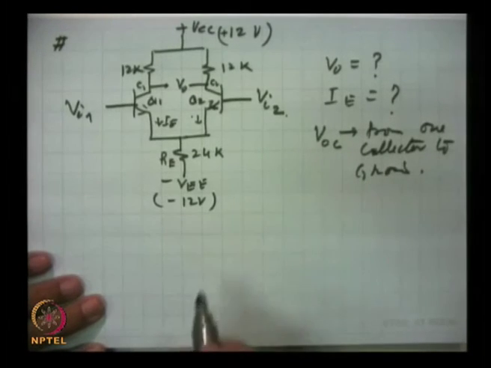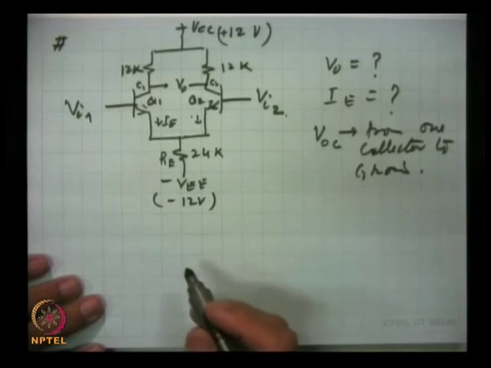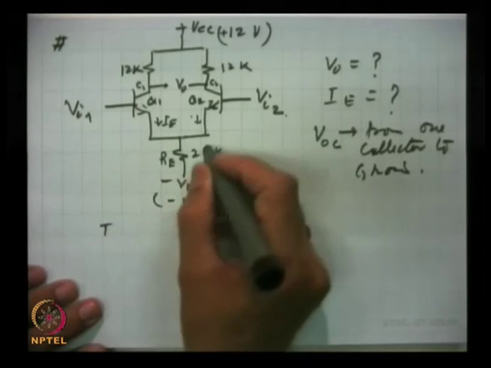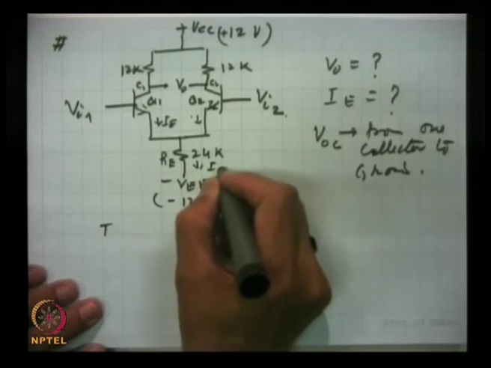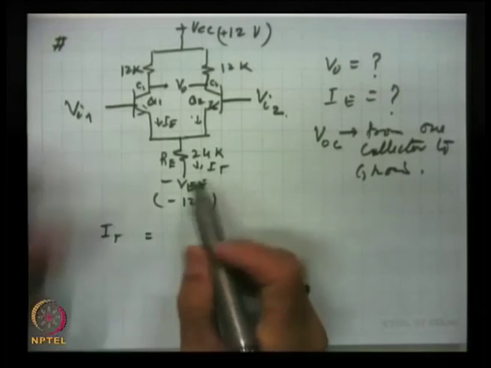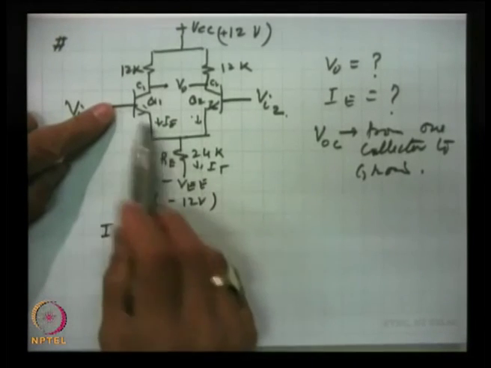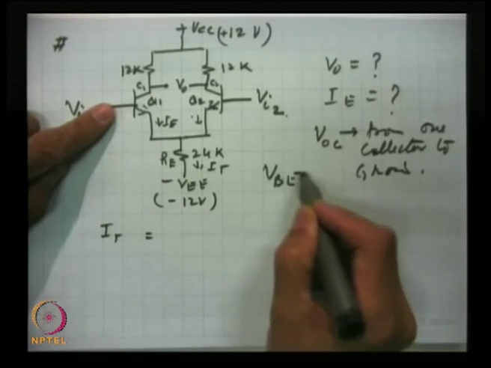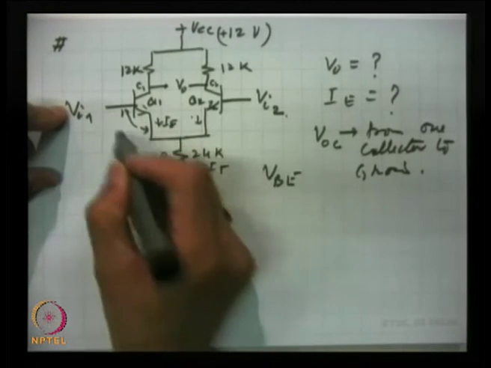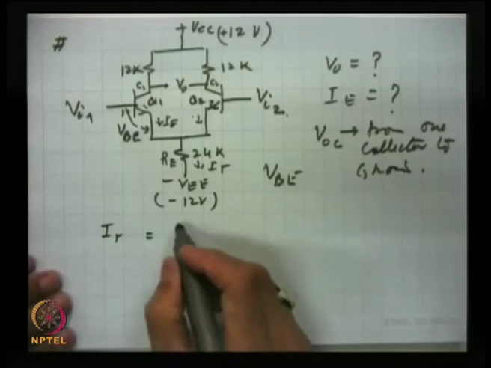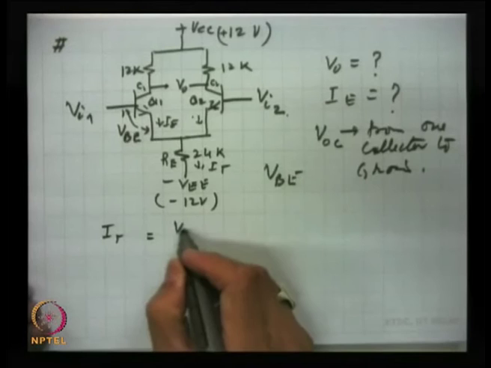Now, for this the solution is simple. First we have to find out the tail current, IT. This is at potential VE, and this is at VEE.